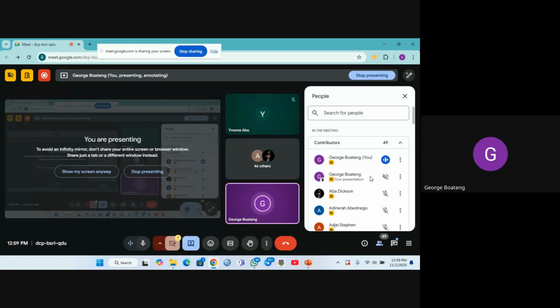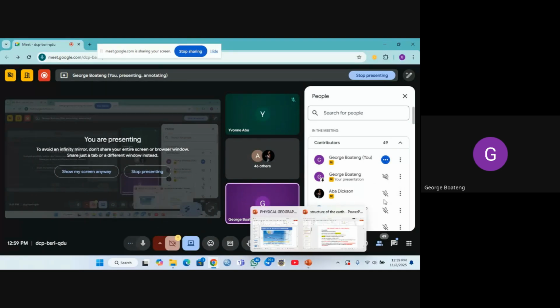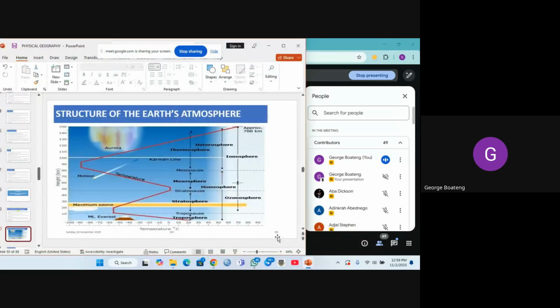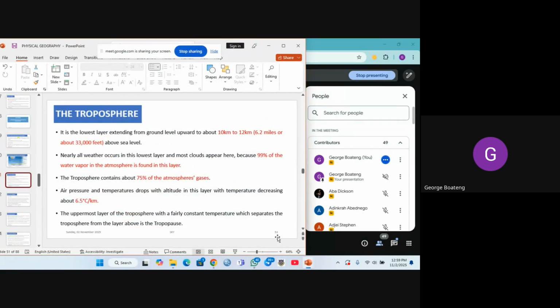Now, one thing you should understand is that in this troposphere, there are what are termed environmental lapse rates. In other words, we call it the normal lapse rate.